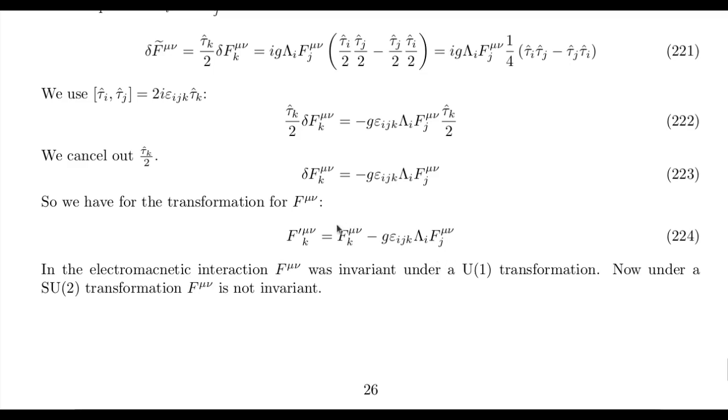And so we have the transformation rule for the field tensor f in the Yang-Mills theory. In the electromagnetic case, the field tensor f was invariant under a U1 gauge transformation. But here, under an SU2 transformation, f obviously is not invariant. We have again this additional term.